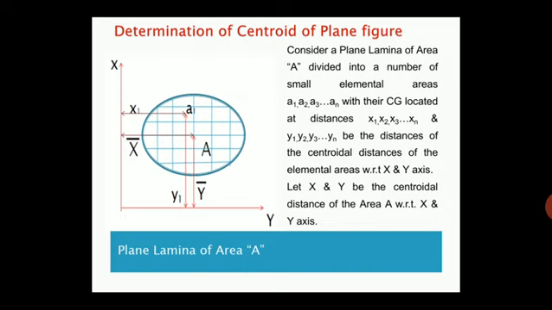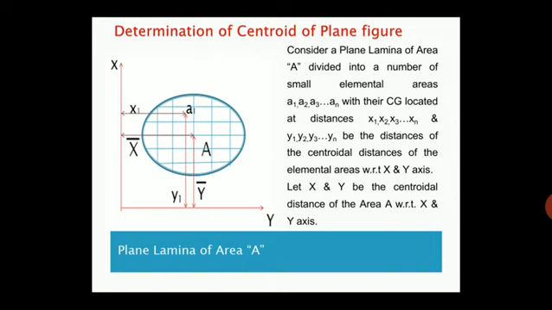Now let us consider a body which is having a total area A, capital A. Let x bar and y bar be the coordinates of the CG of the entire body. Okay, clear?